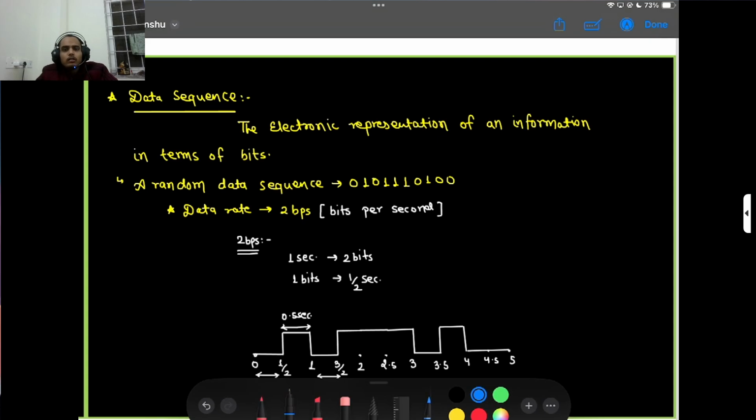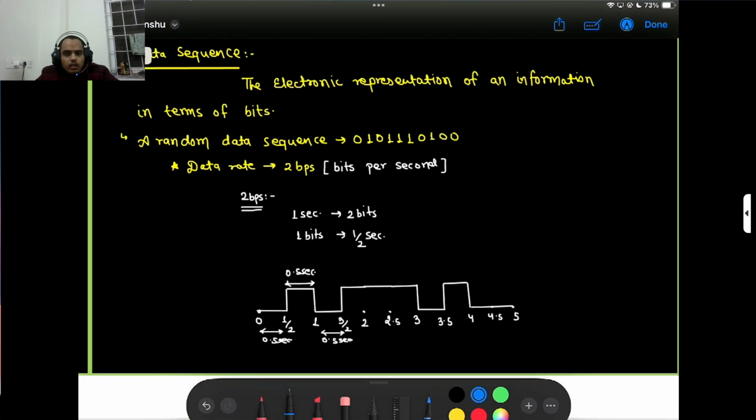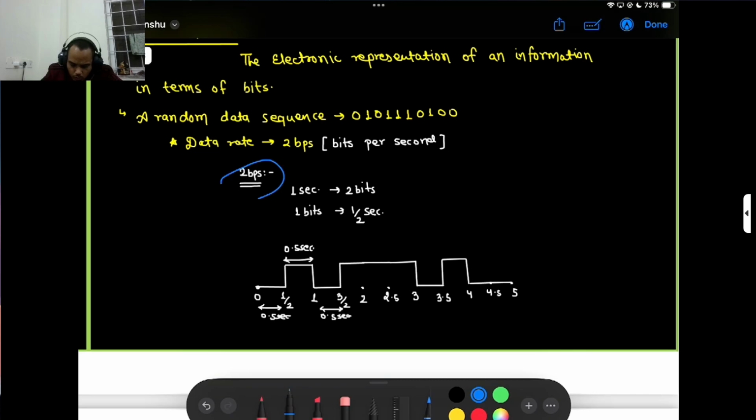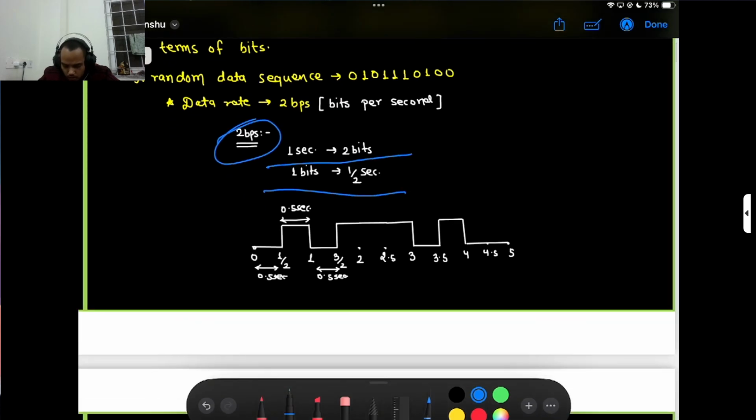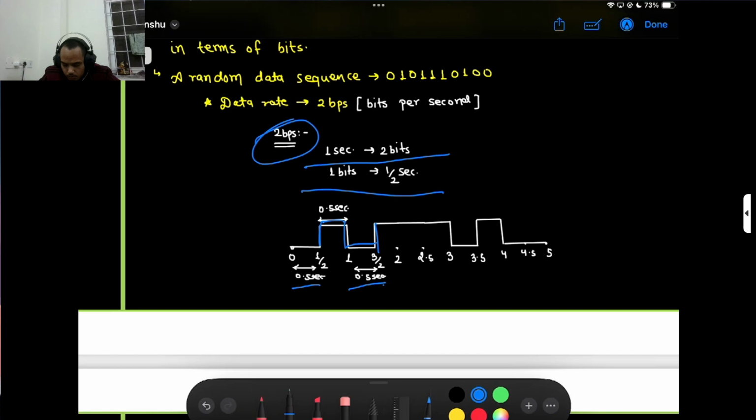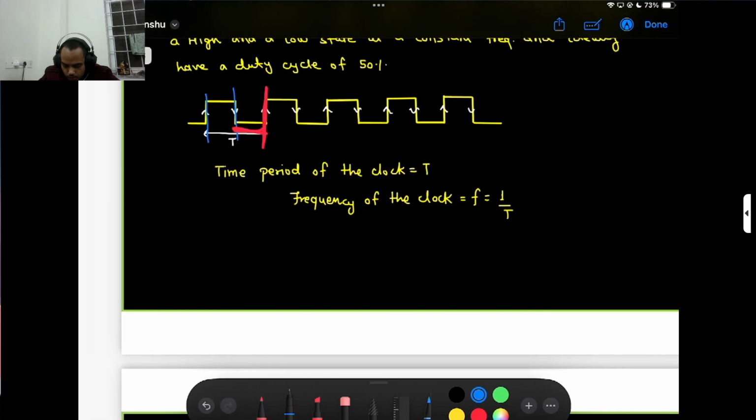In 1 second there are 2 bits, so 1 bit takes half a second. This is my clock, well, not a clock, here 0.5 second and 0.5 second, half and half.